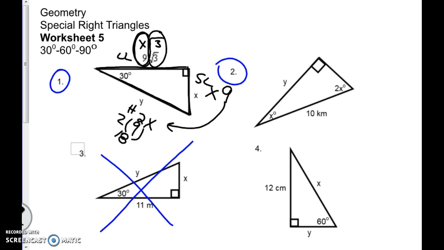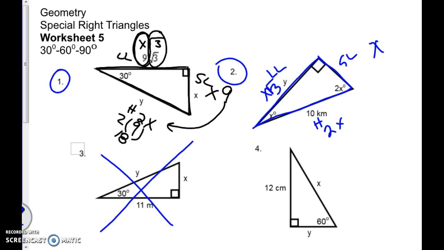How many of you have that? Good. On number 2, what did you call this side right here? Hypotenuse. What was this one? And this one? What's the pattern for the short leg? X. The pattern for hypotenuse? 2x. And the long leg?